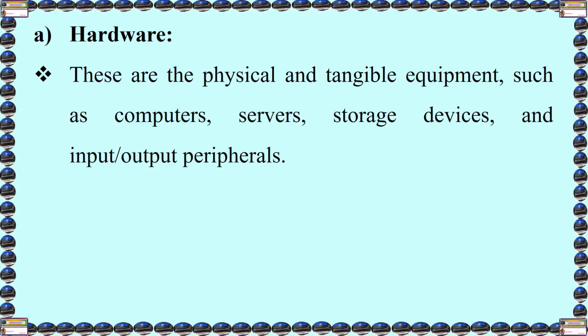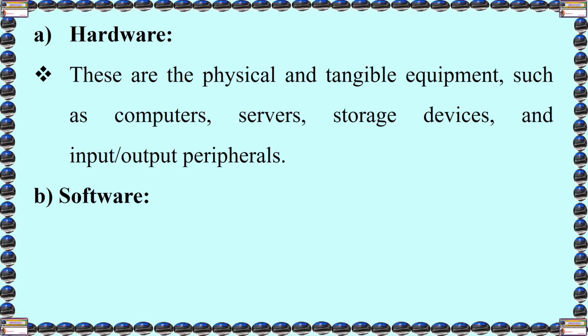So when we speak about hardware, we are talking about the physical, tangible, and electronic components of our system, which include the computers, the servers, the storage devices, and input and output peripherals. These are the devices that you are going to require. The information system we are speaking about cannot exist without some hardware. It has to exist somewhere, in a computer, etc.